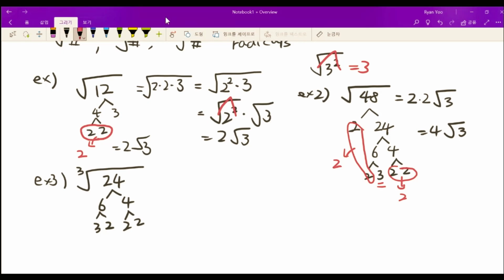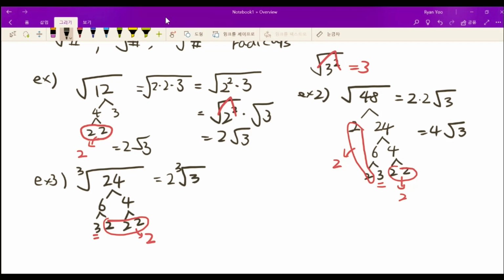But if it's a cube root, guess what? You need exactly the same 3 numbers. You group them together, then one of those numbers will come out. In this case it will be 2. And the 3 will stay inside. So my answer will be 2 cube root of 3.